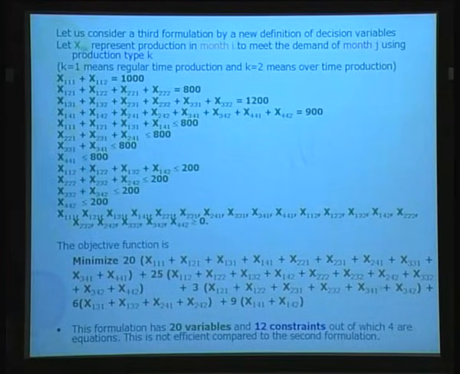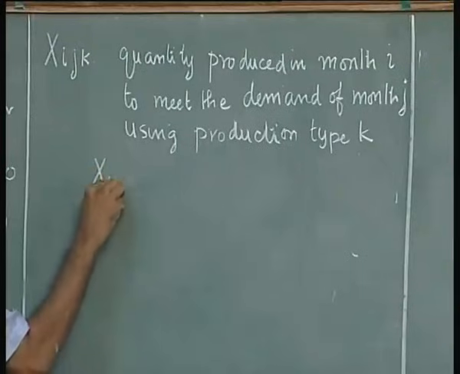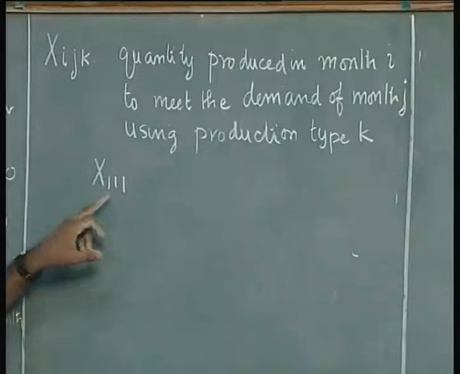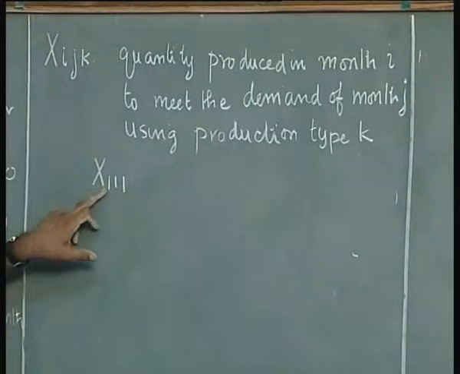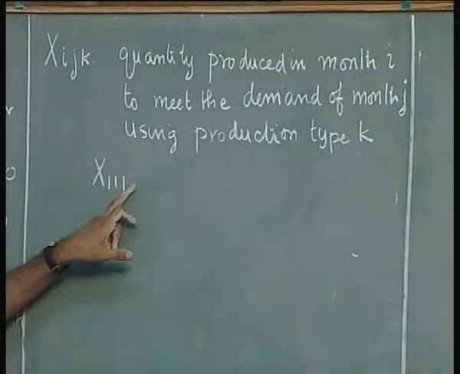Now, as far as the first month is concerned, x 111 indicates producing in the first month, that is I equal to 1, to meet the first month's demand, j equal to 1, using regular time production.